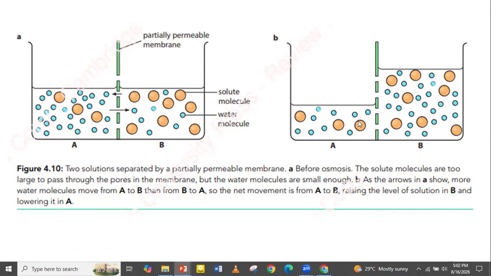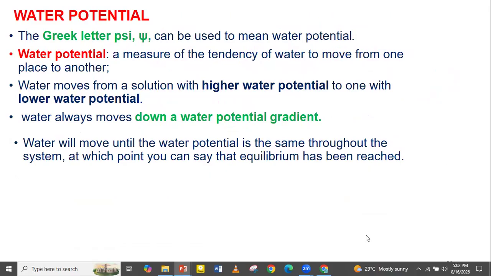Because more water moved from A to B than from B to A. So we had net movement of water from A to B. That is why the solution volume on this side, or the level, increased. So osmosis occurs up to when we have an equilibrium. What does an equilibrium mean? It occurs up to when we have these water molecules evenly spread between the two regions, just like in diffusion. That is why osmosis is considered to be a special kind of diffusion.